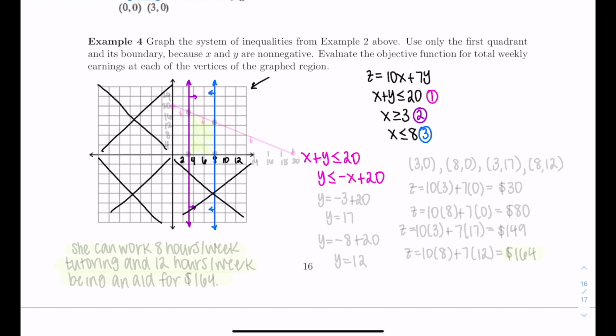So I'm going to use 4s to go up the y-axis. 4, 8, 12, 16, 20, 24. So this means that we have a y-intercept at 20. And we're going to go all the way down until 20 on the x-axis, which I don't have room for.